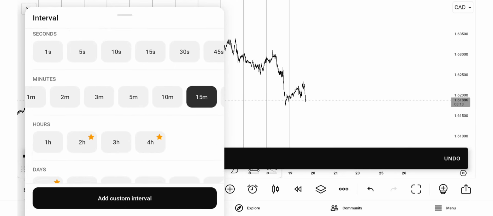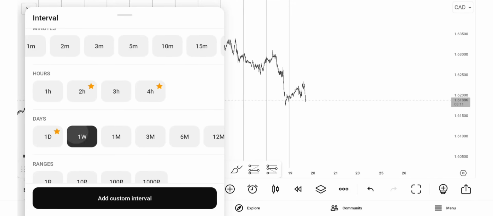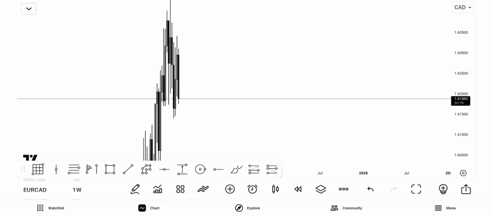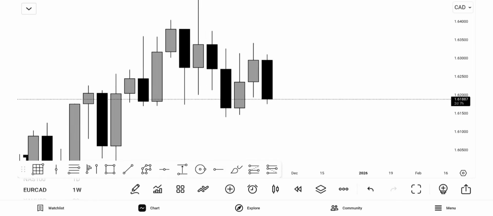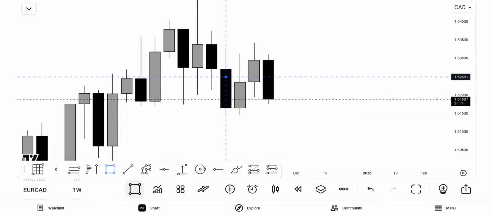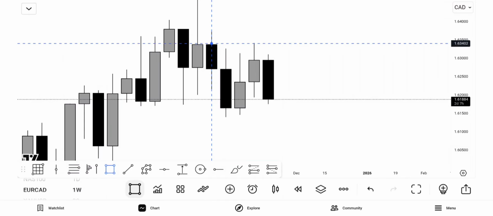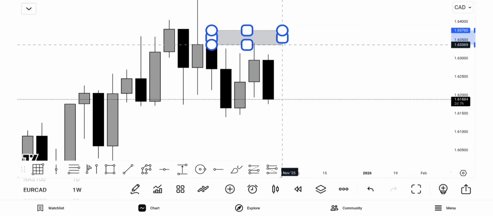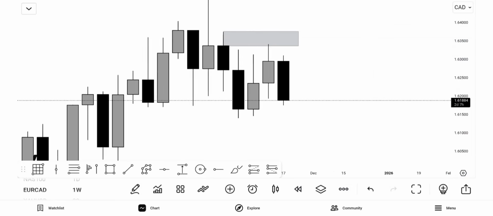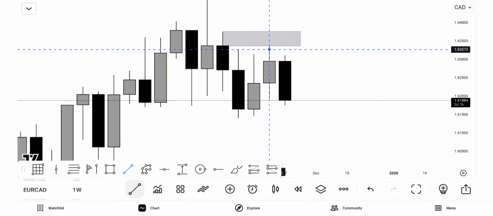Higher time frame first. Where is price likely to go to, and where is price coming from? So on the weekly, this weekly rejection block right here. That's where price was at that particular point in time. So when price got there, what kind of liquidity was taken?